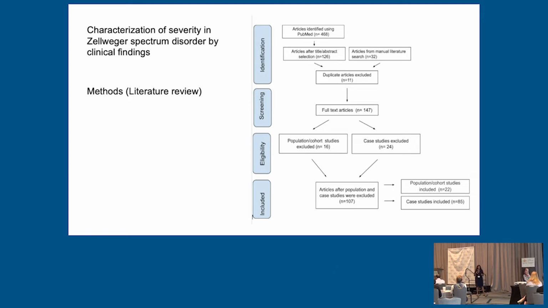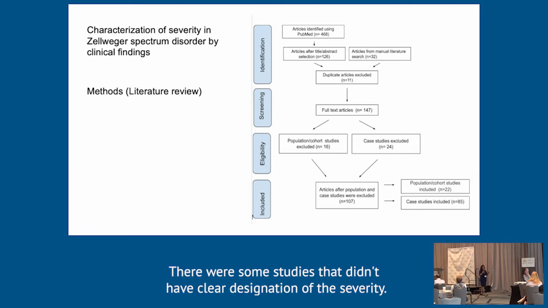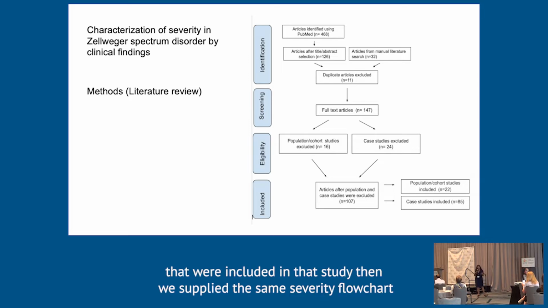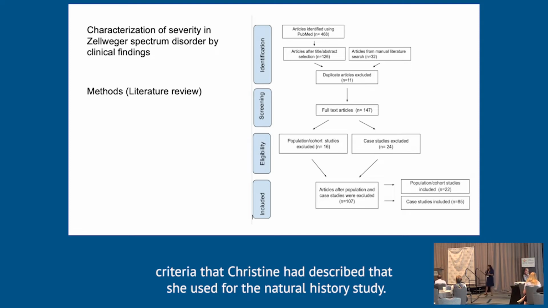There were some studies that didn't have a clear designation of severity, and in those cases, if there were enough clinical findings included in that study, then we applied the same severity flowchart criteria that Christine had described that she had used for the natural history study.